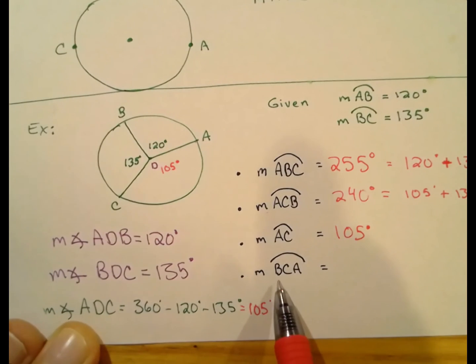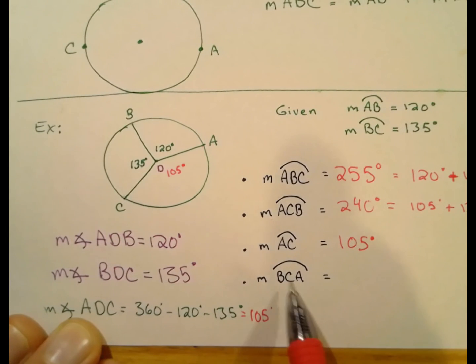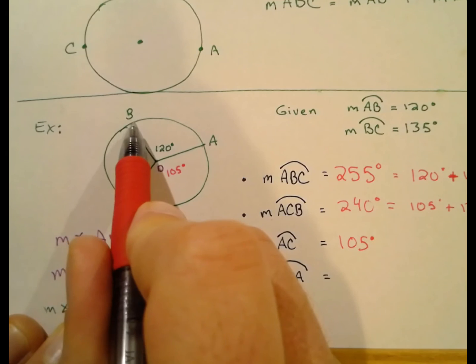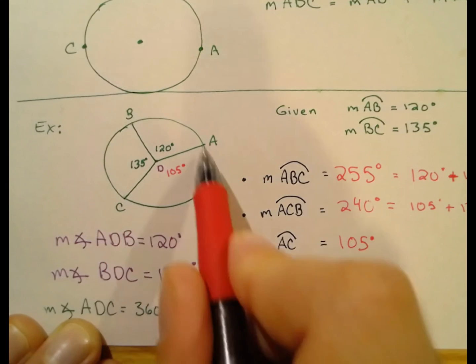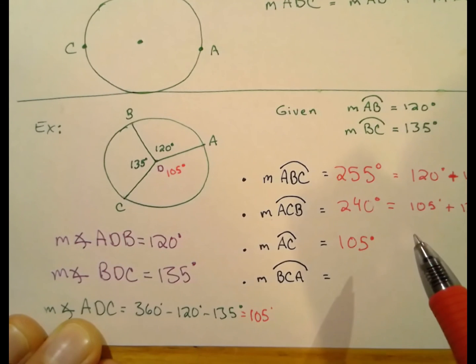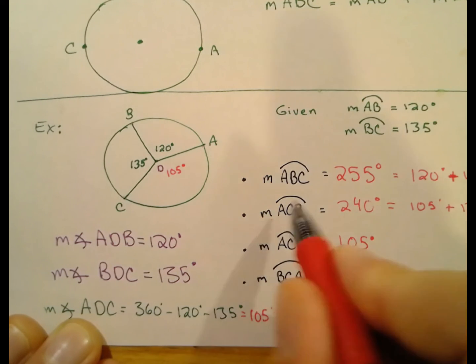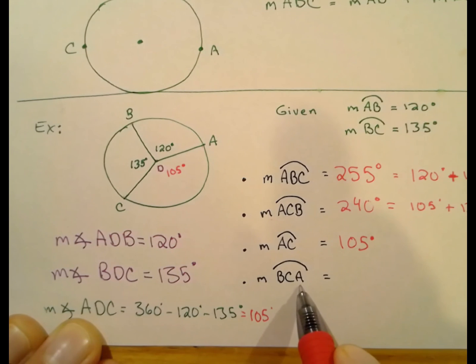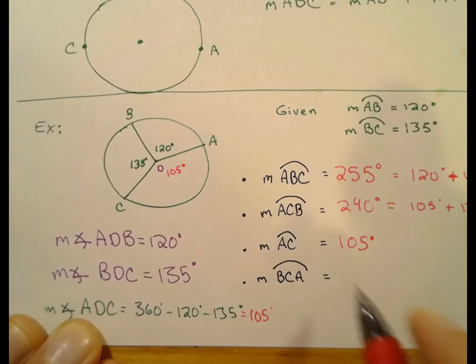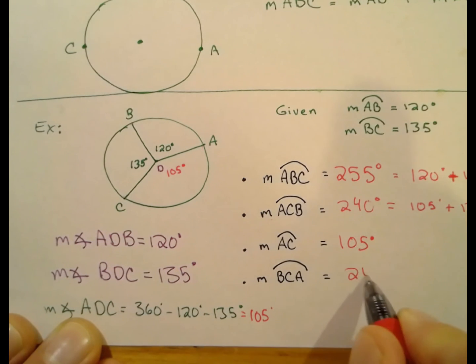And lastly, measure of arc BCA. We're going to start at B, go through C, and stop at A. And evidently we already answered that question, because measure of arc BCA and measure of arc ACB are actually the exact same thing. But that's okay.